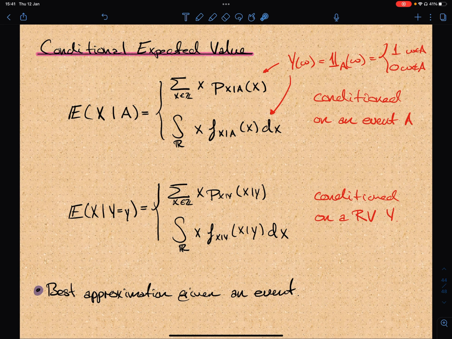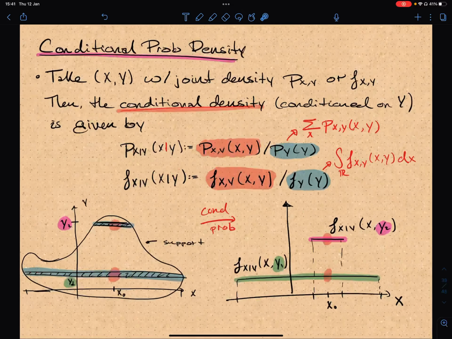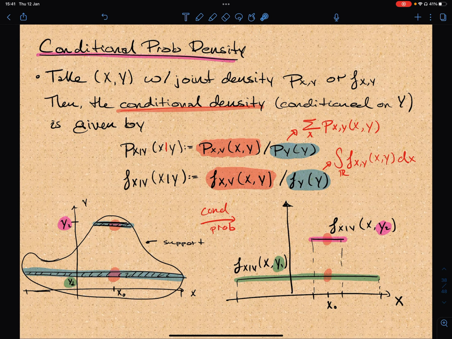For instance, if we go back to the previous lecture where we had this cartoon of conditioning on different values y1 and y2, and we're given the information y1 and want the best approximation of X, then the best approximation is going to be some expected value somewhere here.